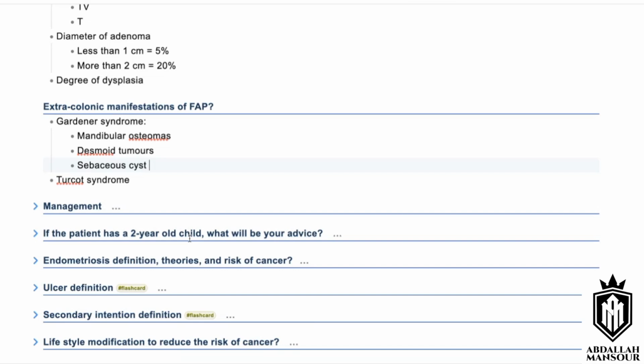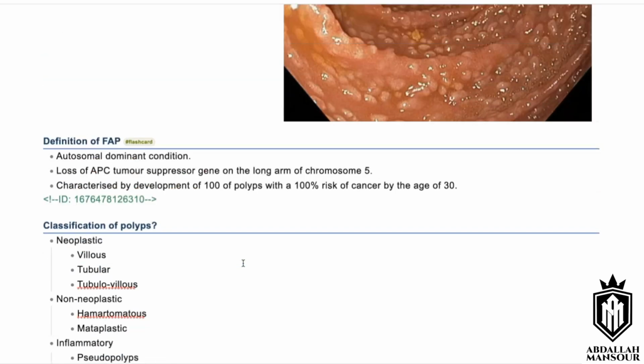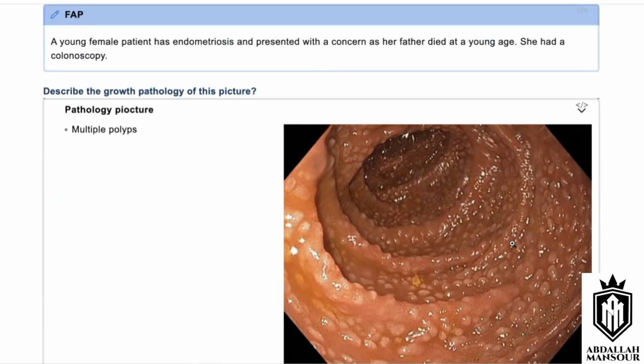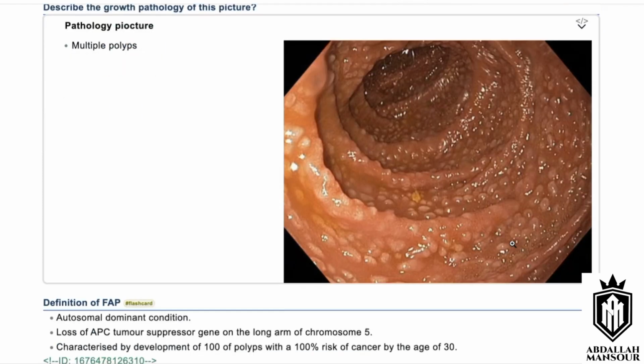All right, what's the management in this patient? Remember, she was a relatively young female patient coming to you because her father died from colon cancer, and she was worried about whether she needs genetic testing. What's your management here? So we need to do an endoscopy and biopsy. And this is the endoscopy, as you can see. Yeah, definitely more than 100, so it looks like FAP as well.